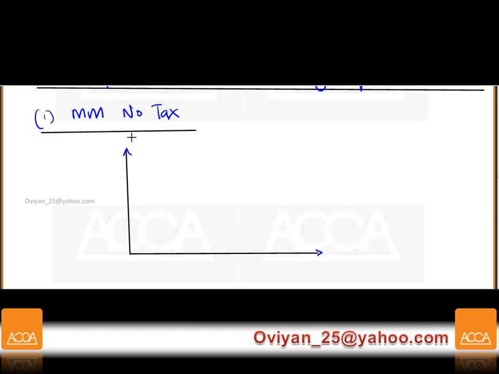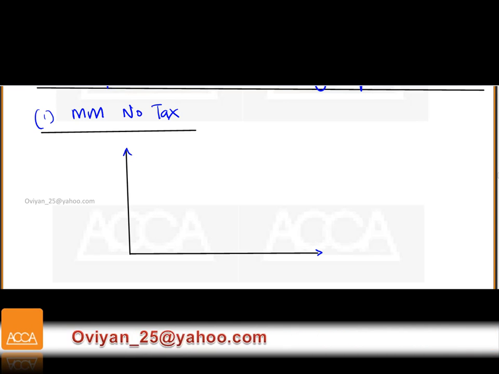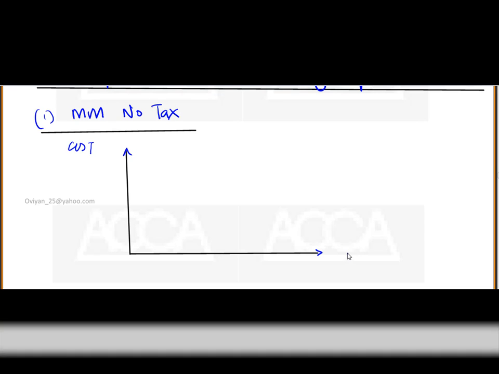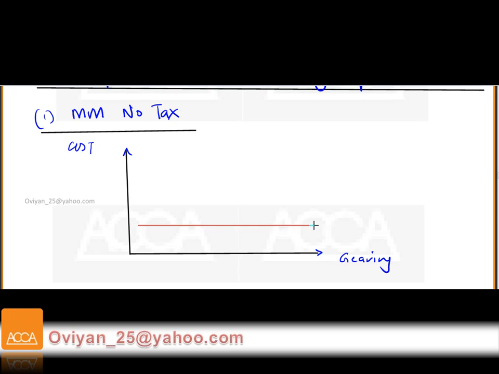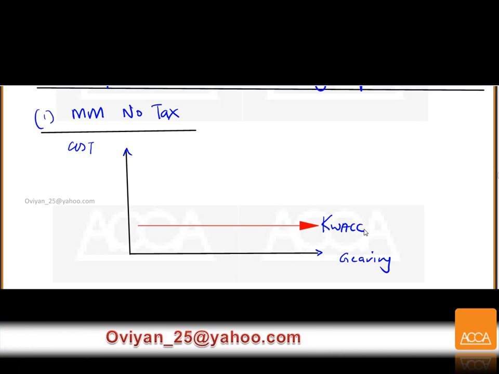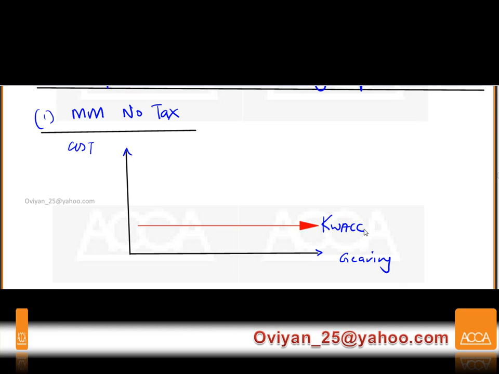They concluded in this model that, with cost of capital on one axis and gearing on the other, when you borrow, your K WACC or your cost of capital remains the same. If your cost of capital is the same, and you do a project, your NPV will be the same.